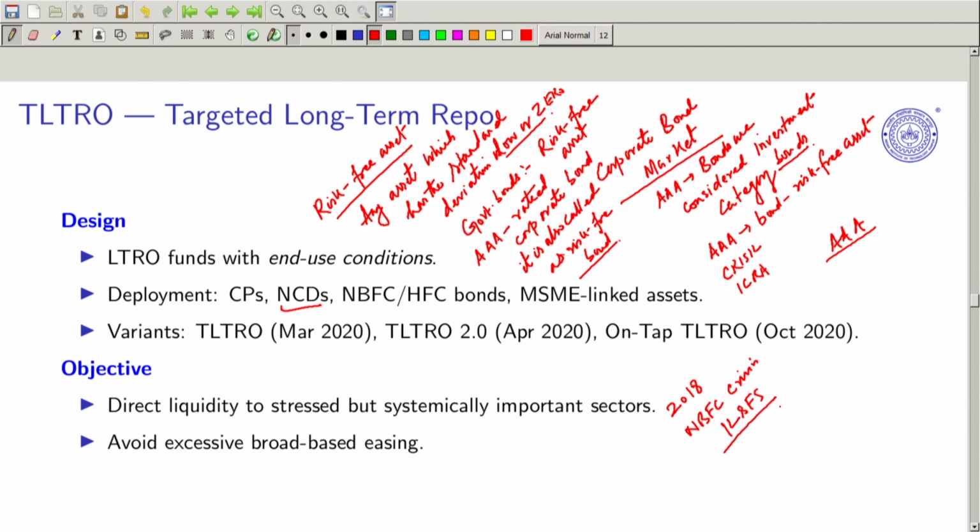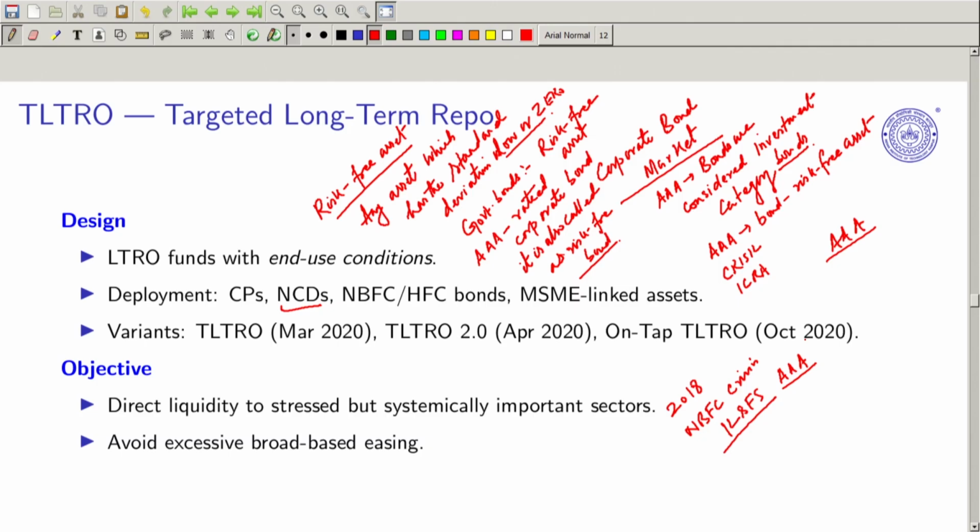Now, this particular company, before the default, also had triple A rated bonds. So these are some of the negatives of the corporate bond market that we often experience in India and even globally. But for investment grade bonds, you can say triple A rated corporate bonds are considered investment grade bonds.